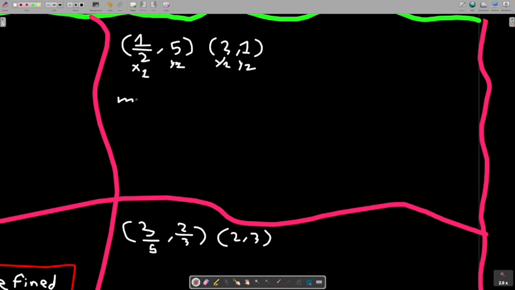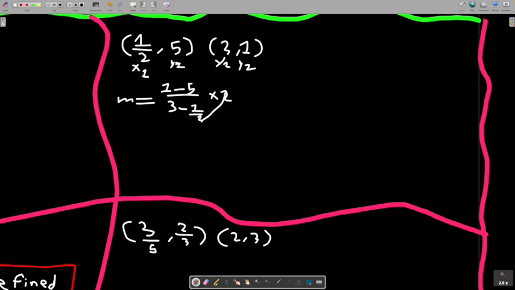So m equals 1 minus 5 over 3 minus 1/2. Now what we have here is a complex fraction. Now let's multiply everything by 2, so we cancel out the fraction.